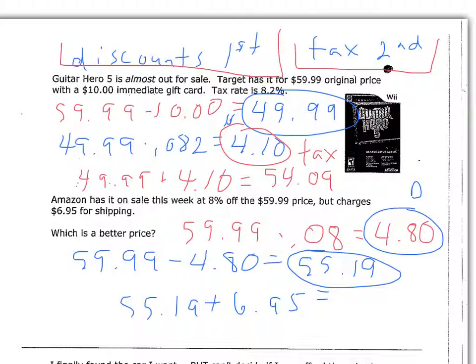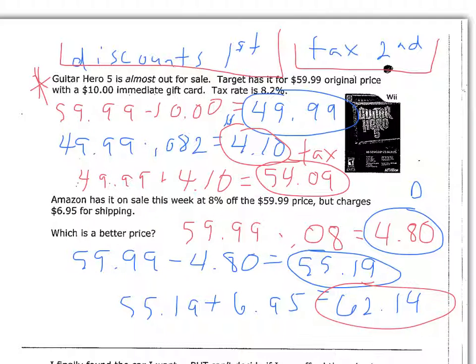Okay, so if you add in $6.95 for shipping, you get $62.14, and that would be your total price. So if you compare your Target price of $54.09 and your Amazon price of $62.14, obviously you would want to go shop at Target. That would be a lot better deal for us. Okay, so this is something that's definitely valuable out in your real life.